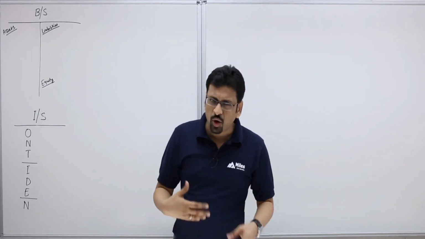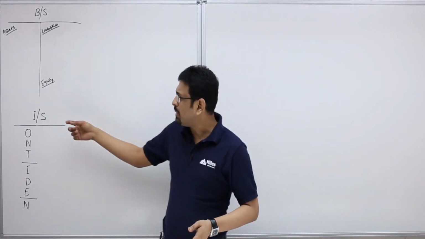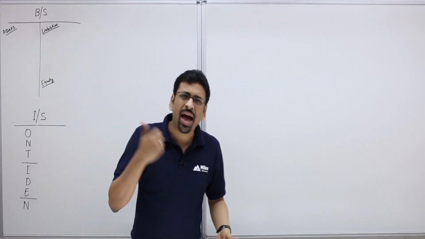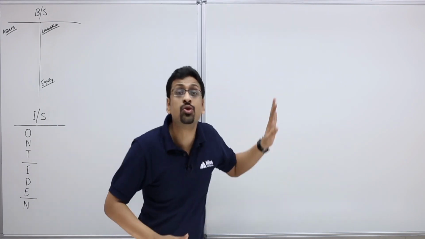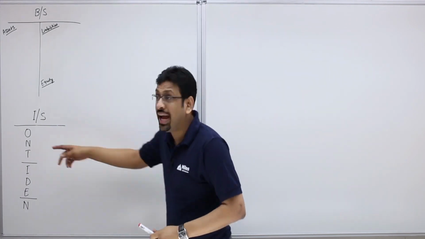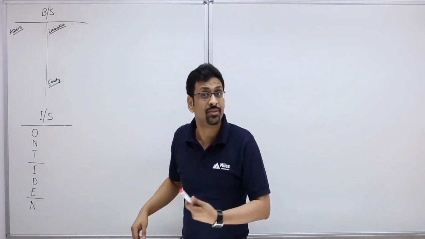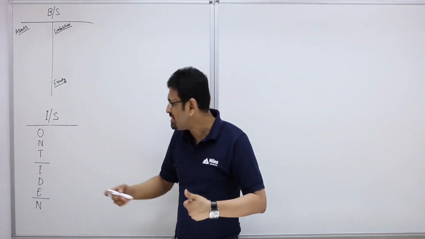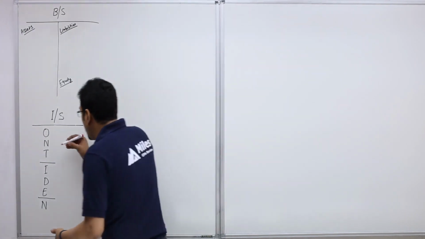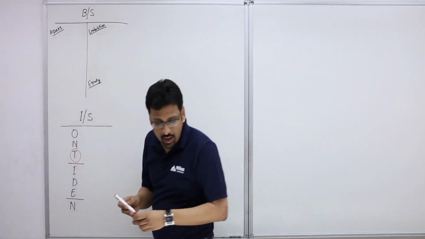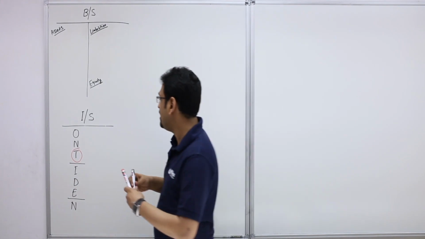Now, if you recall, when I taught you the income statement way back in FAR 1, I said on tide, no C. And the T of tide, that was taxes. And if you remember, I told you these taxes, they could be current or deferred. So we'll talk about current and deferred taxes.